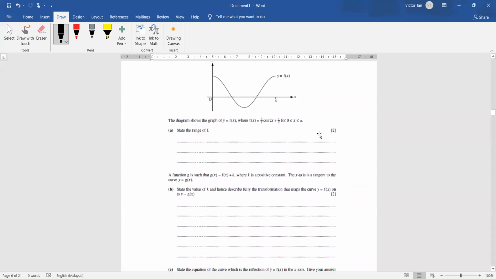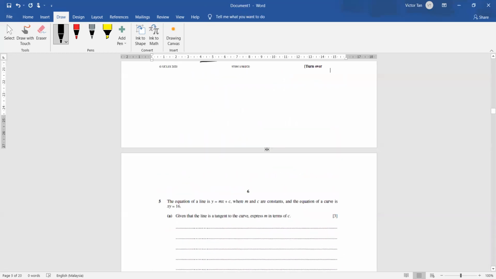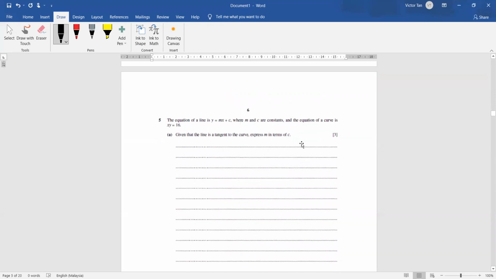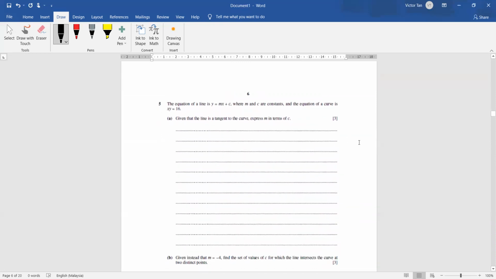The diagram shows the graph of y equals f(x). The equation of a line is y equals mx plus c and the equation of the curve is xy equals 16. Given that the line is a tangent to the curve, express m in terms of c.